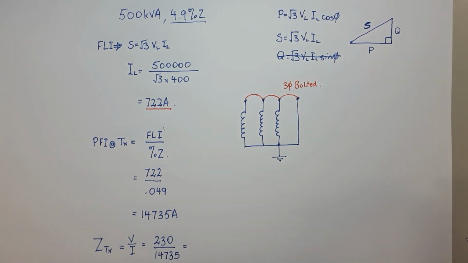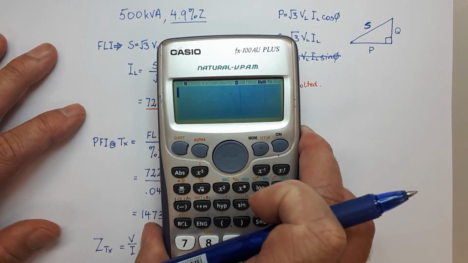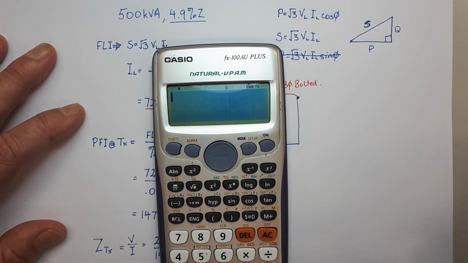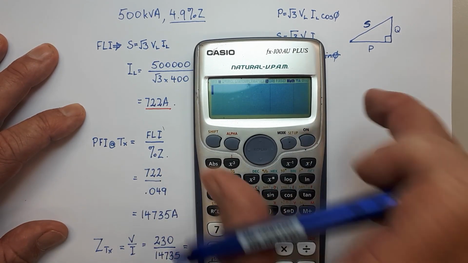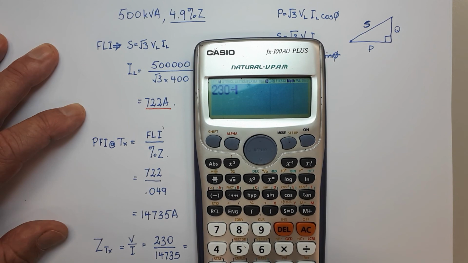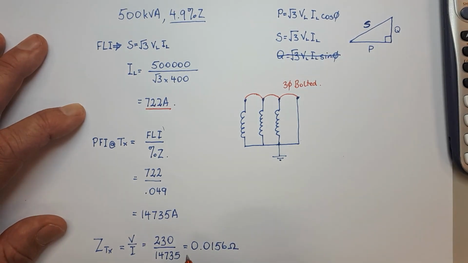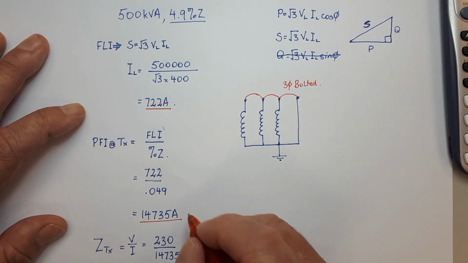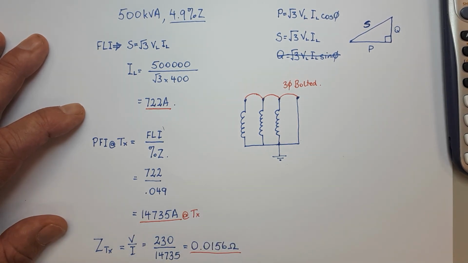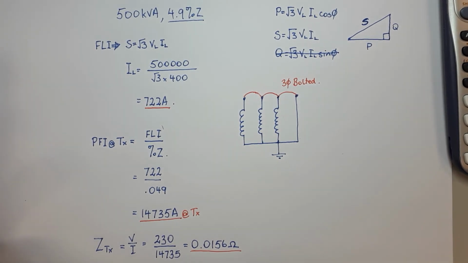Just bang that out in your calculator; that shouldn't be too difficult, I'm hoping. 230 over 14,735, 0.0156 will do it. So in that small amount of time, we've got the prospective fault current at the transformer, and we've got the impedance of the transformer winding. That's going to be important later on.